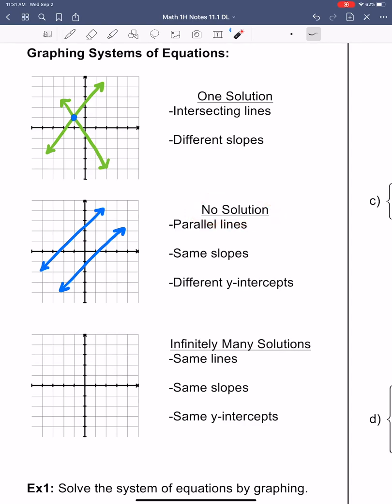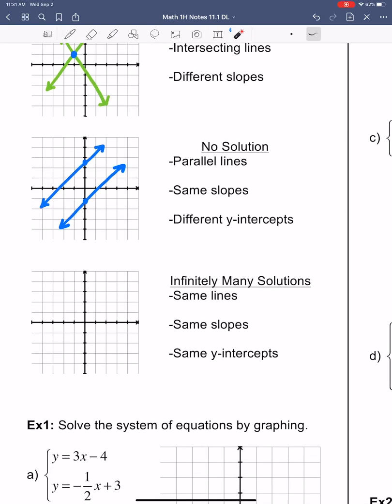These two lines have the same slope. We know they have the same slope because they're the same steepness here, right? The rise over run is the same for each of them, but they have different y-intercepts, so they cross the y-axis at different points. So anytime we have same slope and different y-intercepts, we're going to have this no solution system of equations.